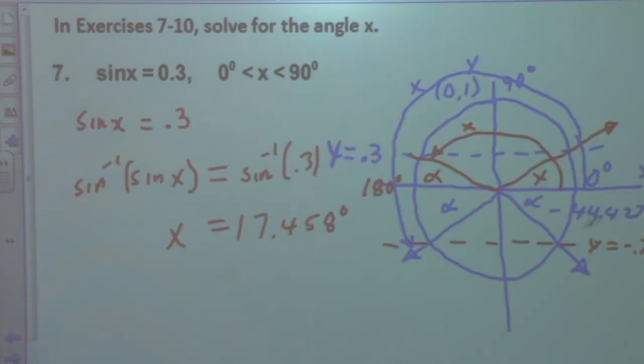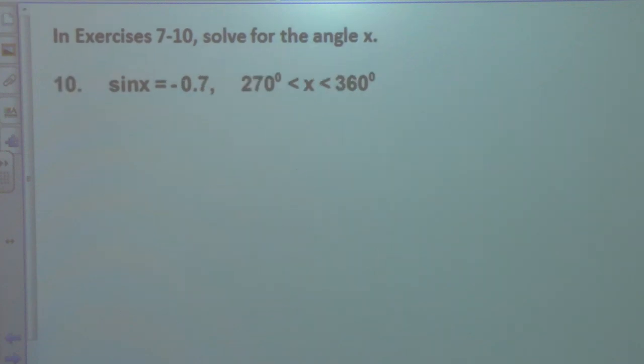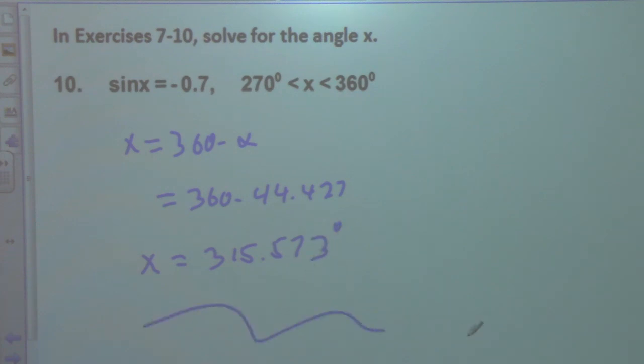So there's our reference angle right here. So in this case, x is going to be 360 minus alpha. So it's going to be 360 minus 44.427. So x is going to be equal to 315.573 degrees, okay? So that's it.